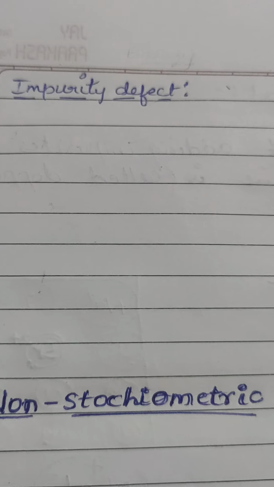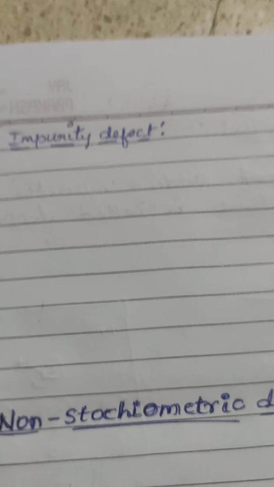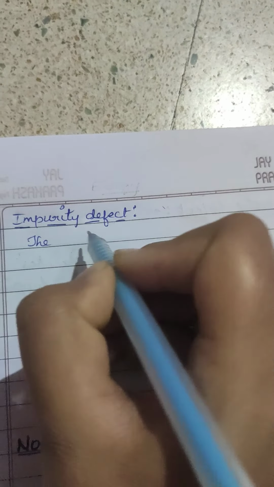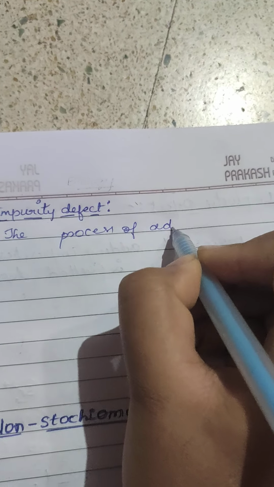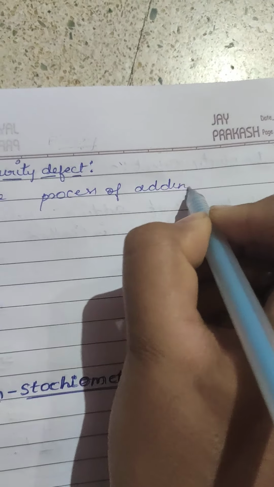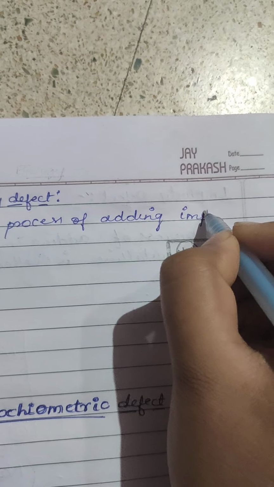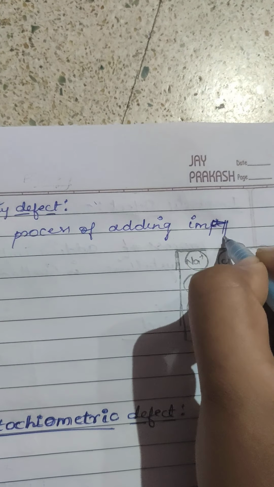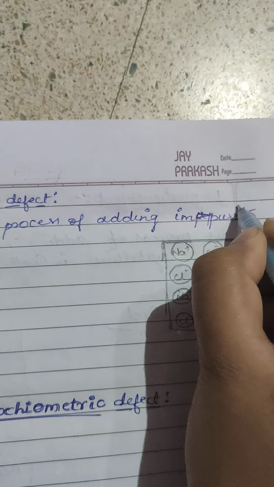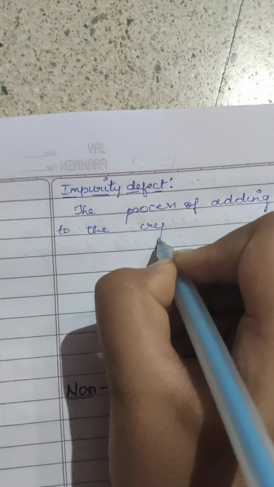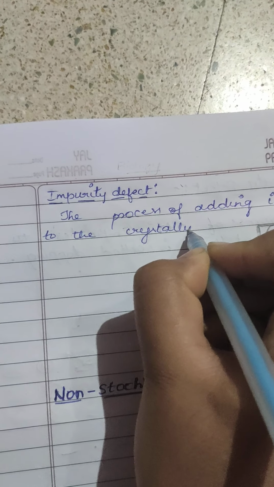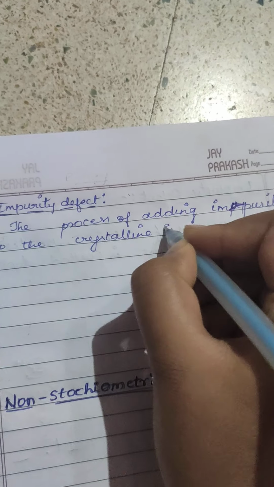Those atoms will be replaced by the foreign atoms, and the process of adding impurity to the crystalline solid is known as doping.